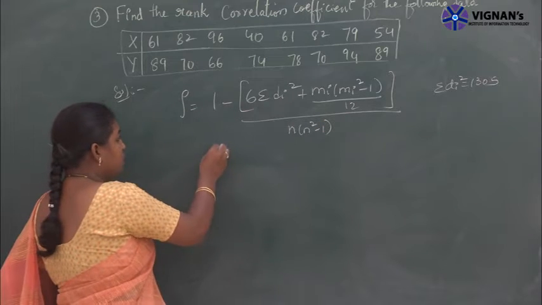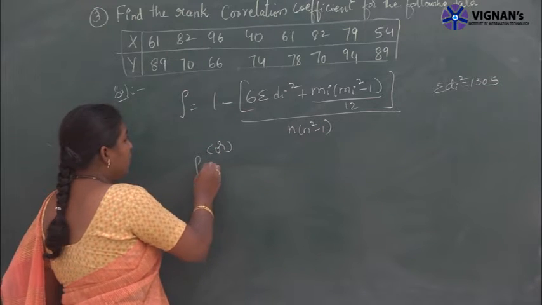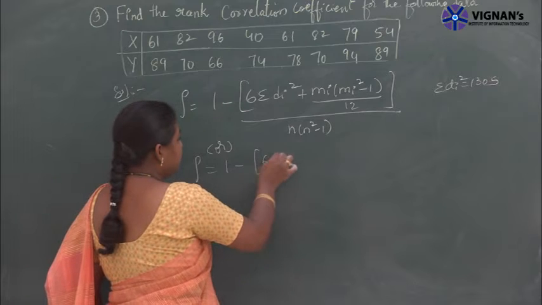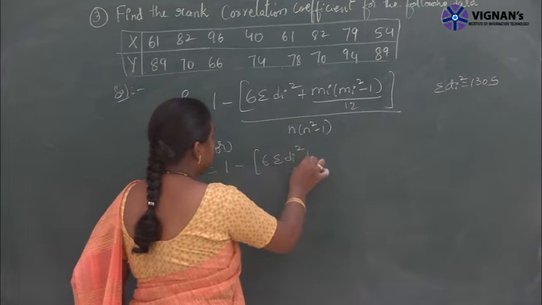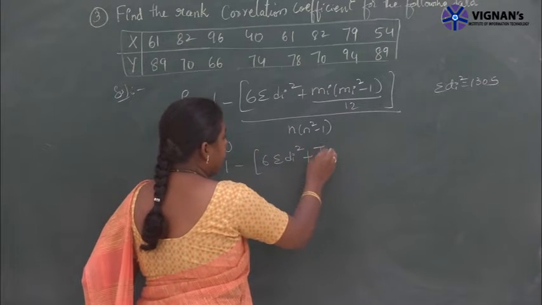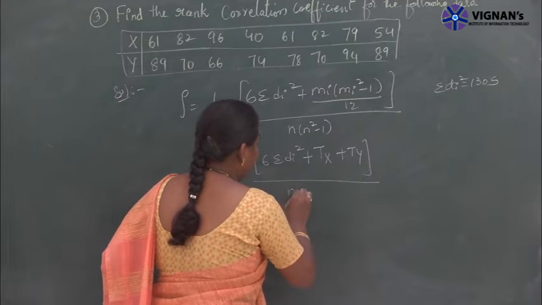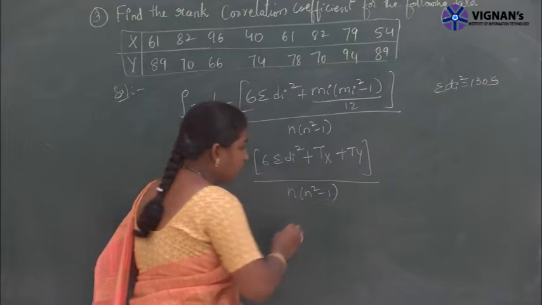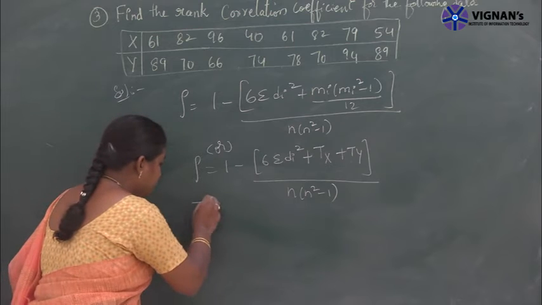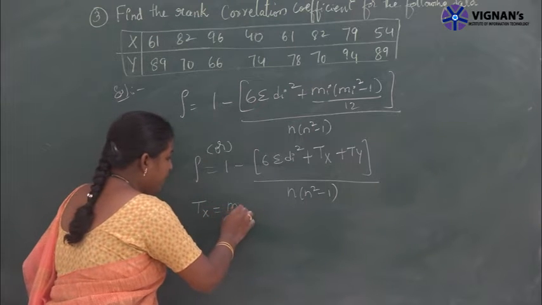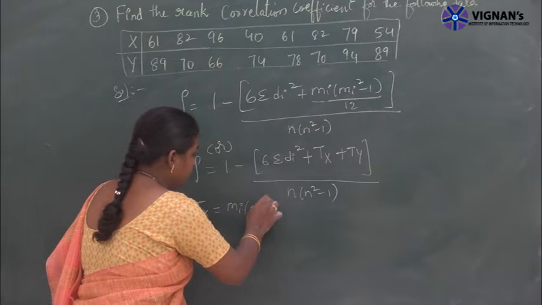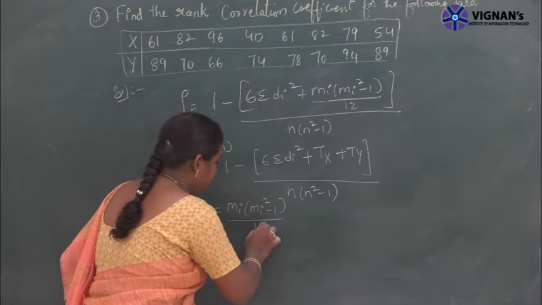Or this can also be written as rho equal to 1 minus 6 into summation di square plus tx plus ty, by n into n square minus 1, where tx is equal to mi into mi square minus 1 by 12.